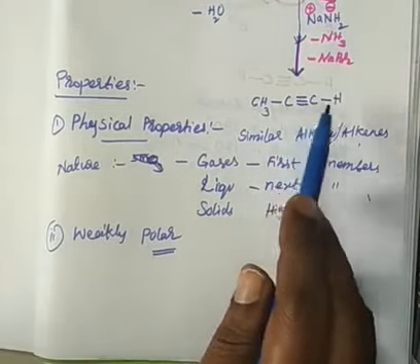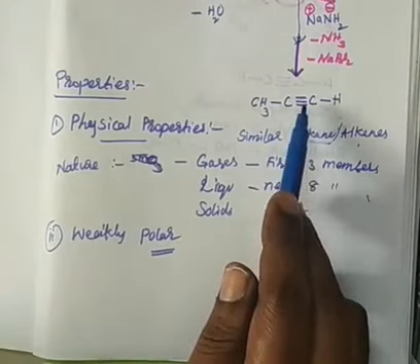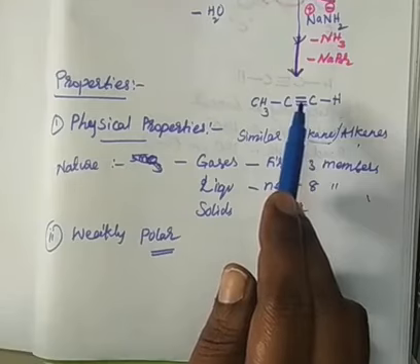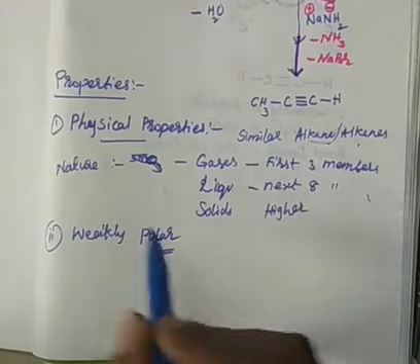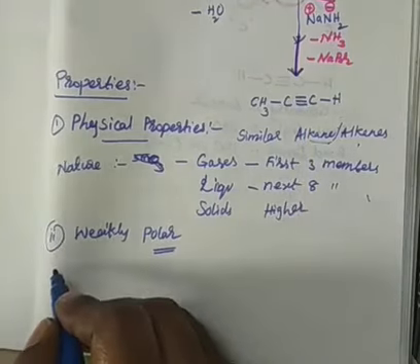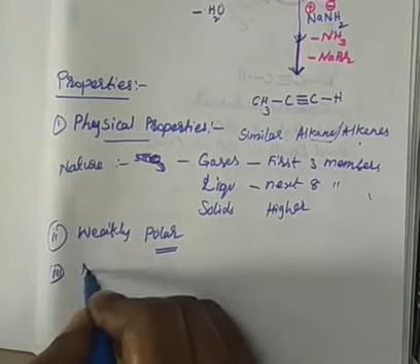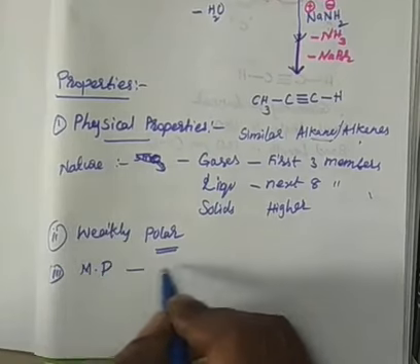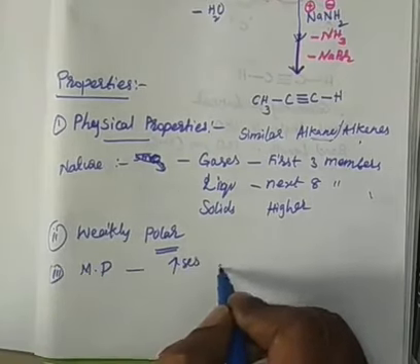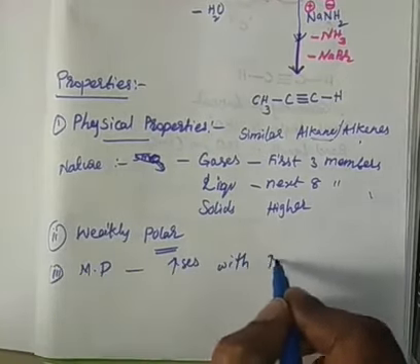Polarity means getting positive and negative charge on the atoms due to electronegativity difference. Then their density increases with increasing molar mass, right? Their boiling point, melting point, density and so on increase with increase in molecular mass.